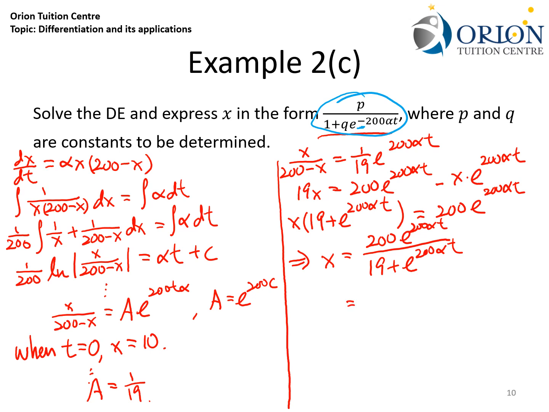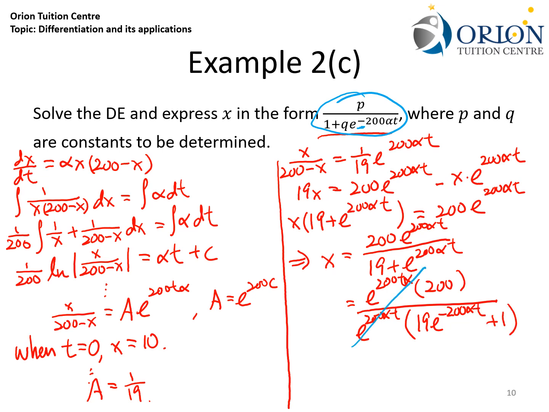So I will get e to the power of 200 alpha t multiplied by 200 divided by e to the power of 200 alpha t times 19 e to the power of negative 200 alpha t plus 1, and I can cancel out these two terms nicely to end up with 200 over 1 plus 19 e to the power of negative 200 alpha t.